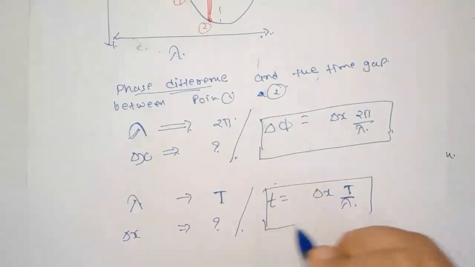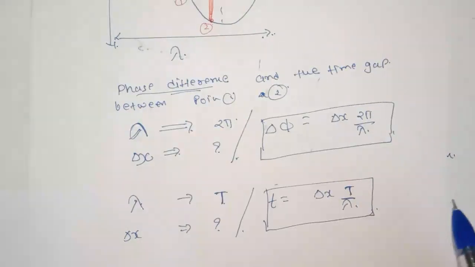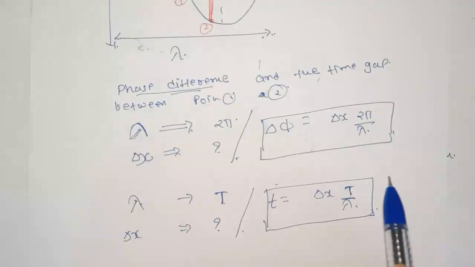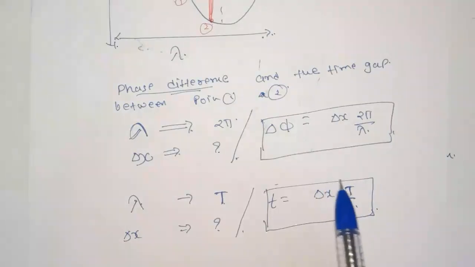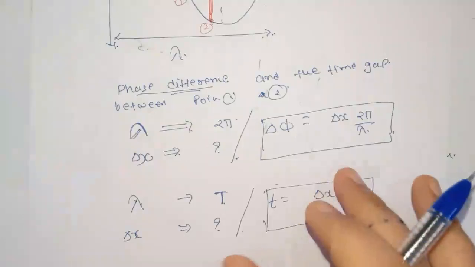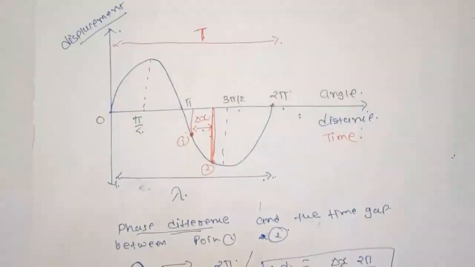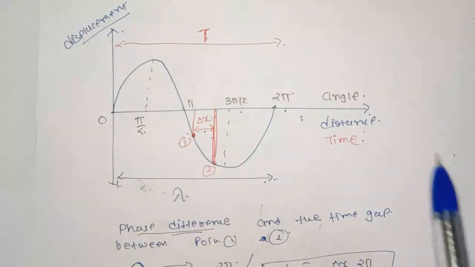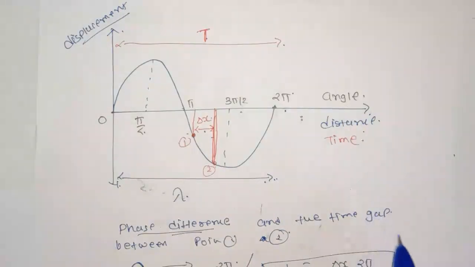So like this, if we know one difference between 2 points, that is either path difference, time gap or the phase difference, we can find the other two differences. So you must understand and remember this unitary relation between angle, distance and time.